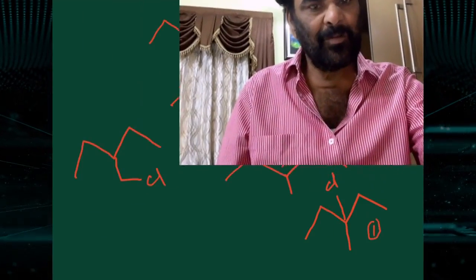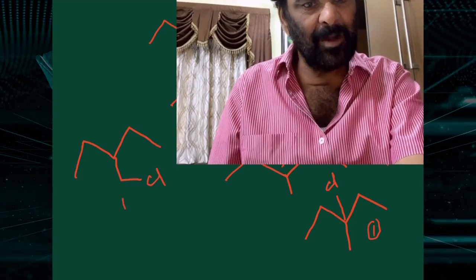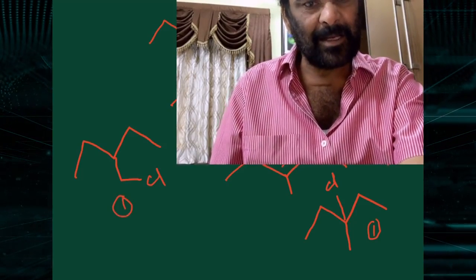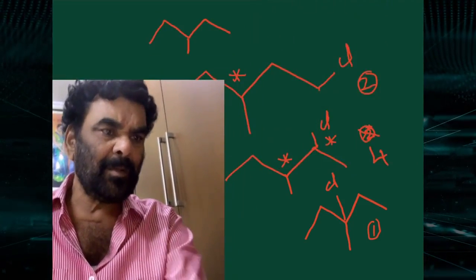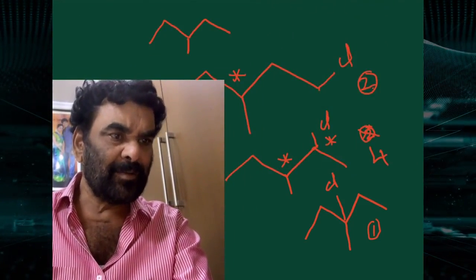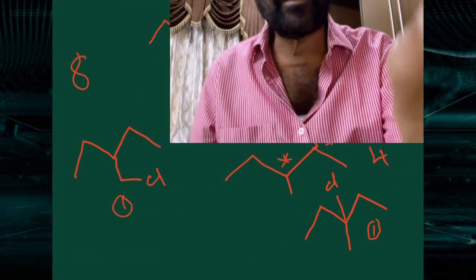And now if you come to the last one, here only one, no chiral center. This is not a chiral center, 2 ethyls are there. Therefore total how many are possible? 2 plus 4, 5, 6, 7, this is 8. Total 8 are possible.